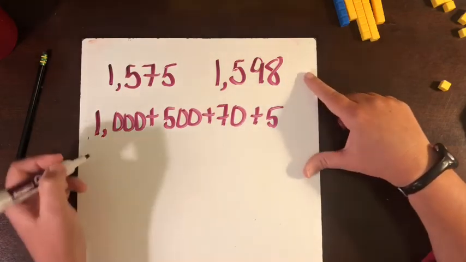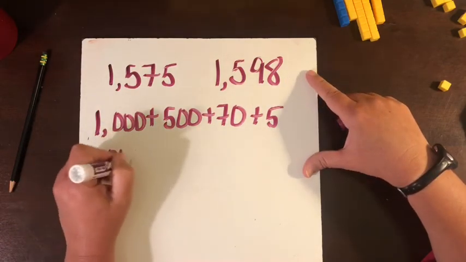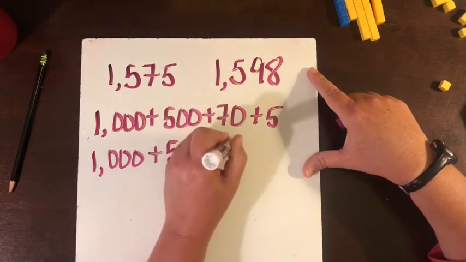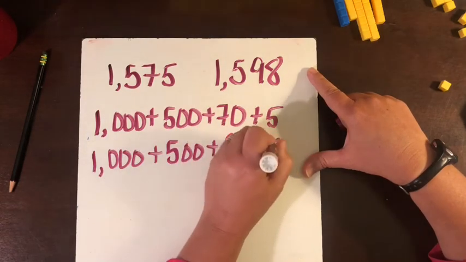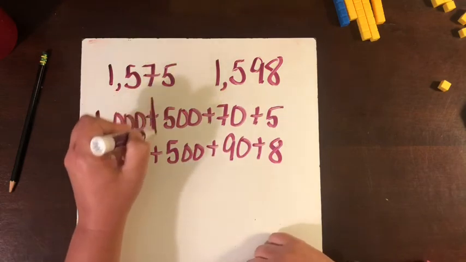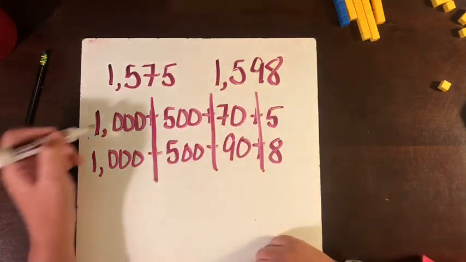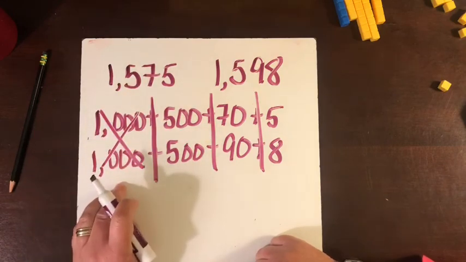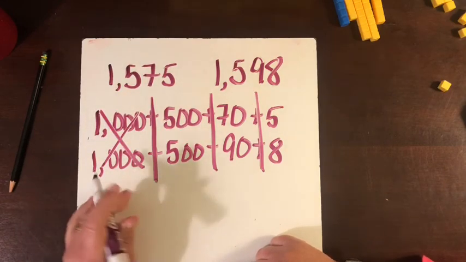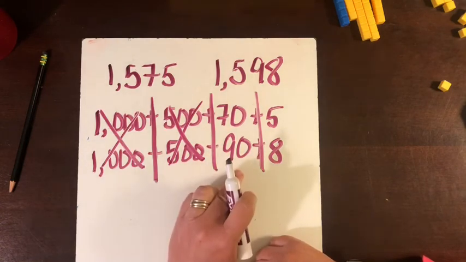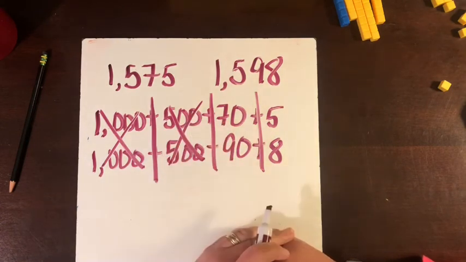And for the second number, you're going to be saying 1,000 plus 500 plus 90 plus 8. It's like these place values are in columns. And so you can look at them and say, okay, well, those cross out because they're the same value. We can't compare that. And these are the same value, so we won't compare those. And now you see that the 90 is larger than the 70.